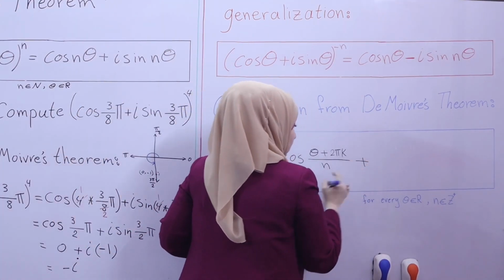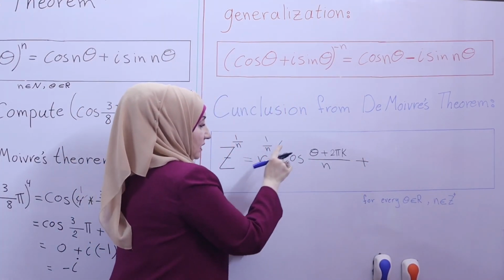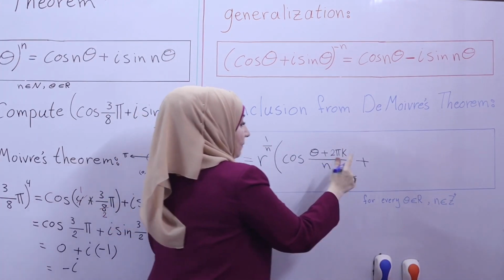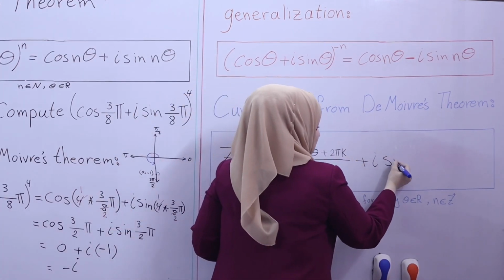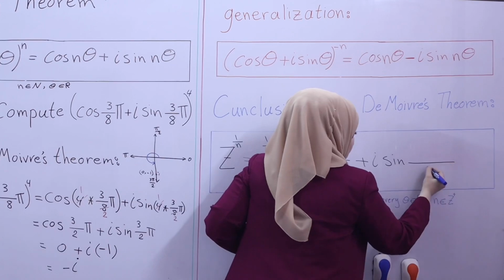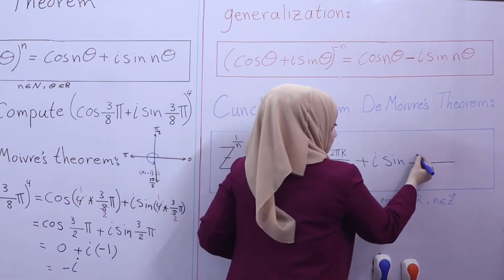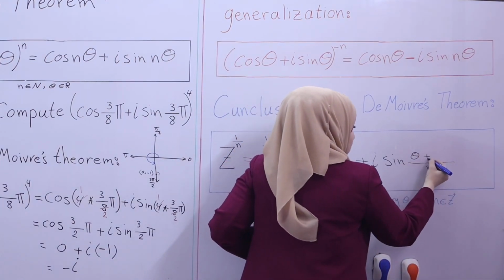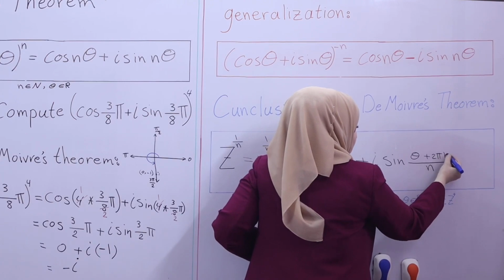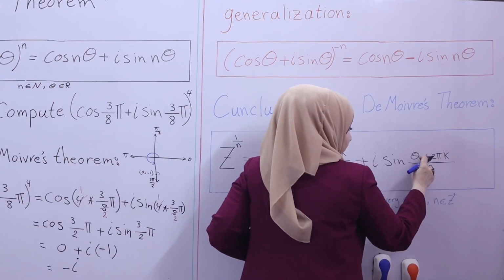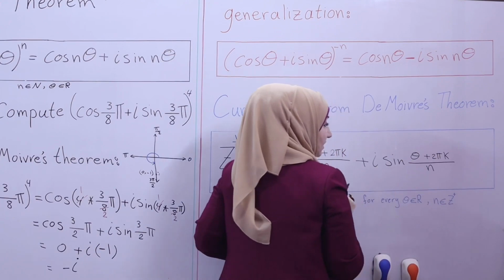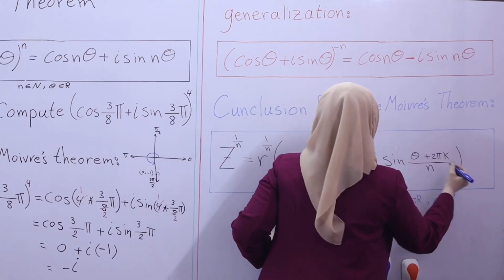بلس راح نكمل وهكذا. إذن الساين أيضا راح تكون لنفس الزاوية. بلس I sine theta plus 2 pi k on n in the denominator. يعني ثيتا على n، لكن ضفنا للثيتا عدد ثابت من الدورات.